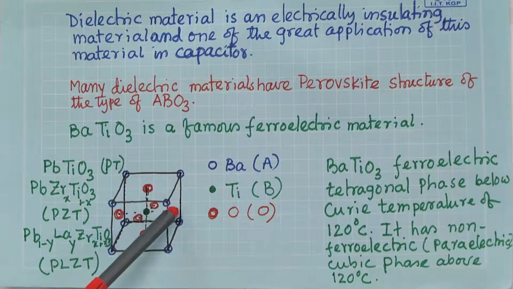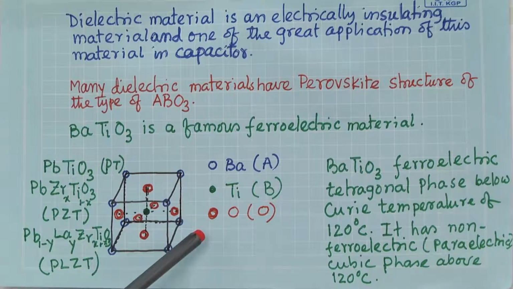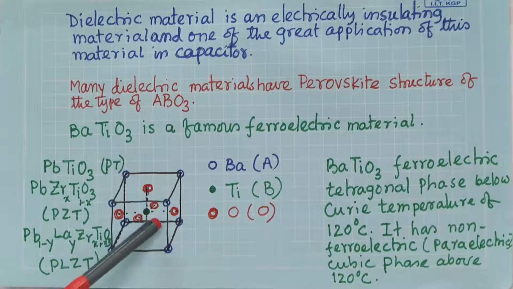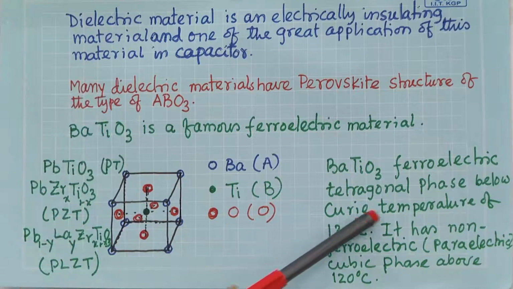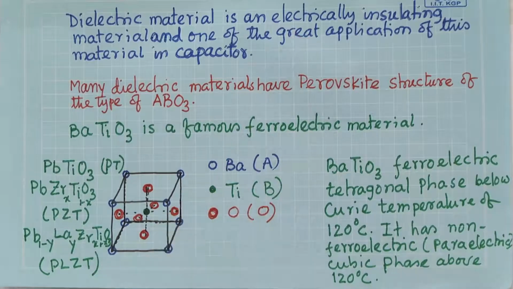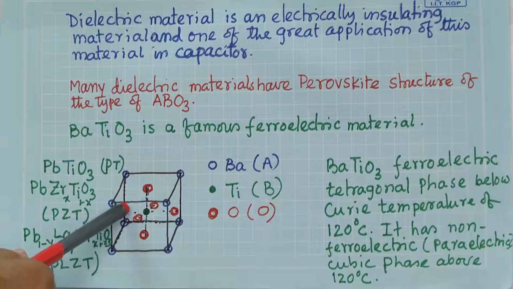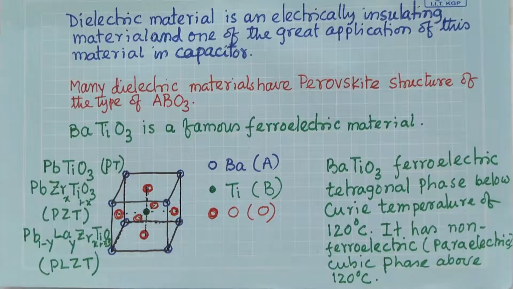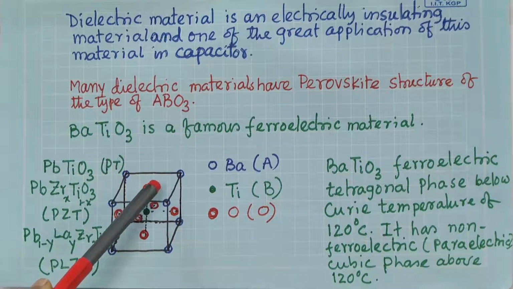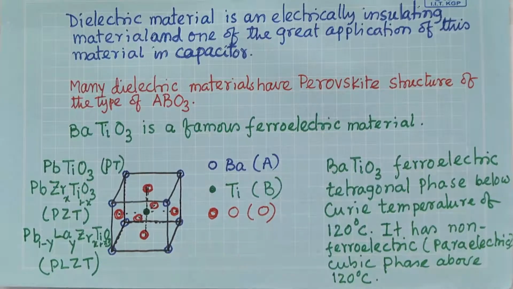If you increase the temperature, its structure goes from tetragonal to cubic. In the tetragonal phase there is a displacement along the c axis, and this is the reason it becomes ferroelectric, because a ferroelectric has a permanent electric dipole moment.